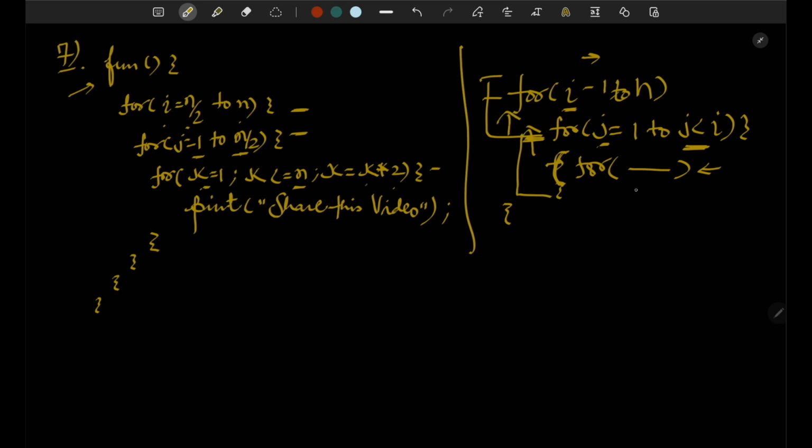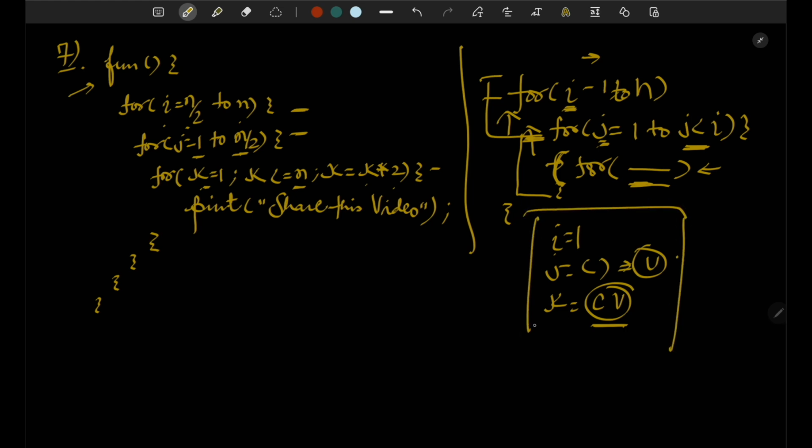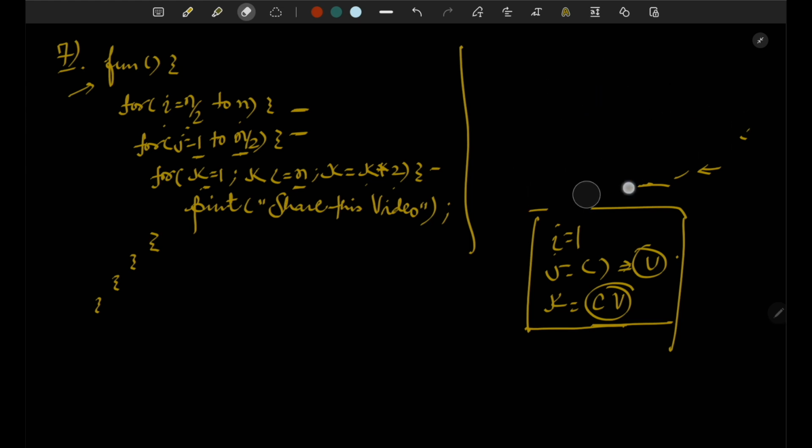So when we have this kind of dependency, we had to unroll the loop, where we put a certain value for i, then figure out the value of j, and then if the value for this one was v and the constant value was c, then this was going to be executed c into v times. So this is the approach we had in the previous questions, where we had some sort of dependency between the loops. So let me erase this and then we will talk about this particular problem at hand.